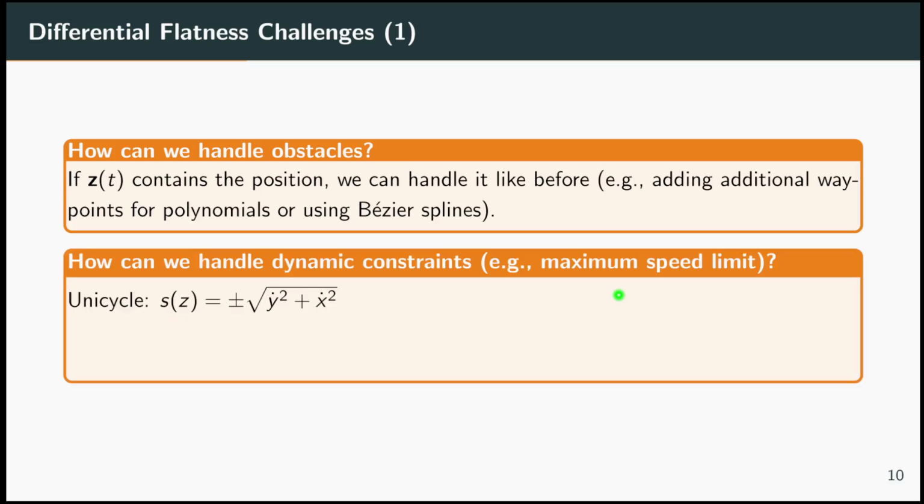Okay, and then we also typically have dynamic constraints, right? So a dynamic constraint could, for example, be that our unicycle has a limited speed. Let's say we can only go 2 meters per second. Now here, this is not really guaranteed.